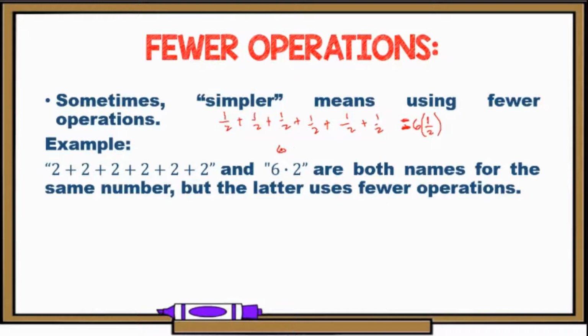And so is the x from elementary math, which also corresponds to multiplication. So 6 times 2, 6 dot 2, and 6 with 1/2 in parentheses are all representations of multiplication. All are valid. Both are names for the same number but the latter uses fewer operations.